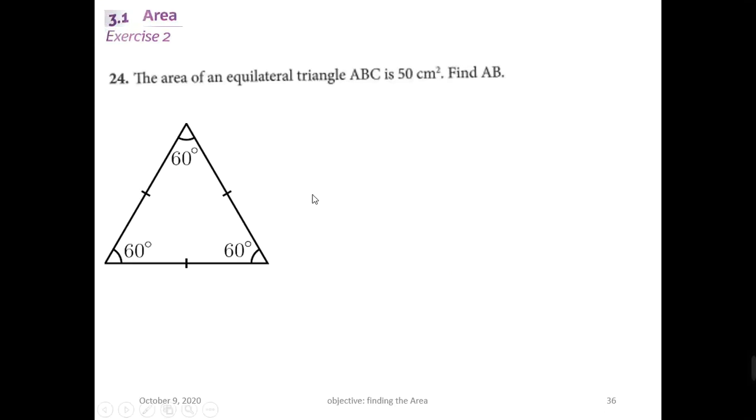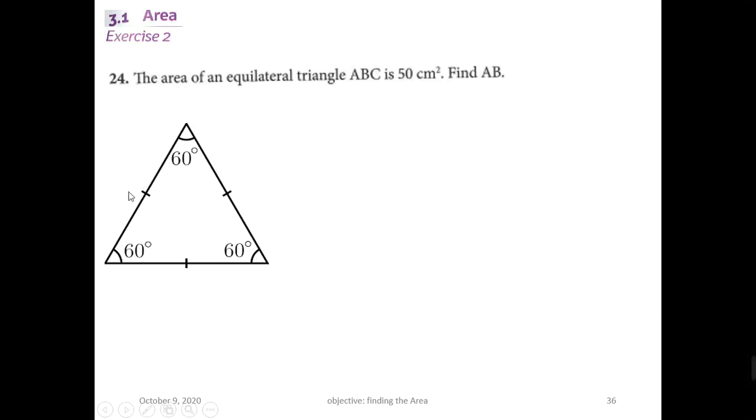I would like you to think of this question, which is a triangle, and the area of the triangle is given to us, and they want us to find the length of the side of this equilateral triangle. When we talk about an equilateral triangle, all sides are equal.